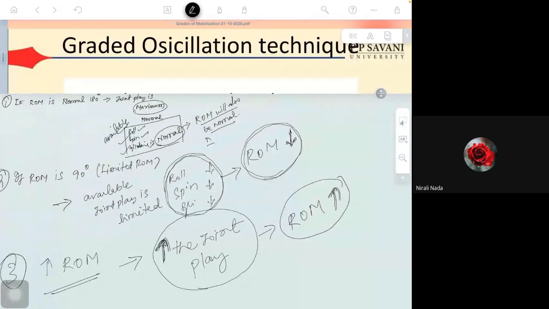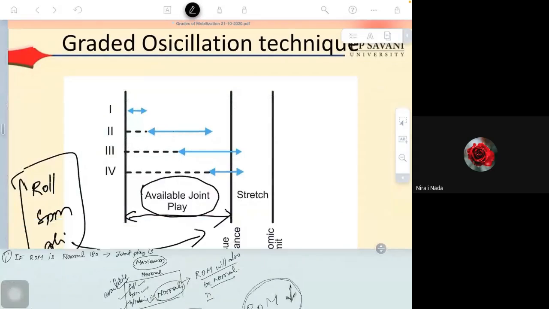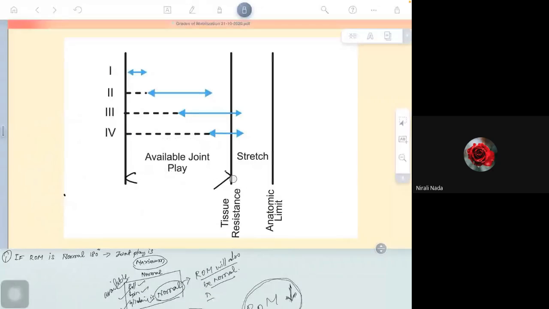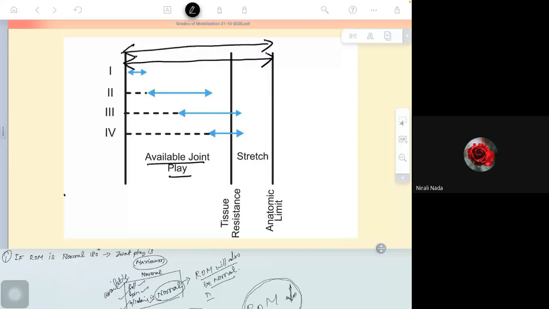Yes, sir. So now coming to this image, if the patient is having full range of motion, then what does it mean? It means available joint play is also maximum.